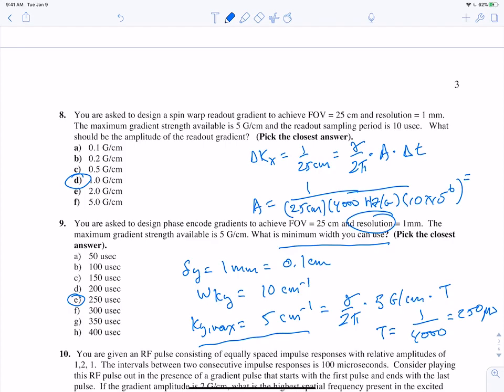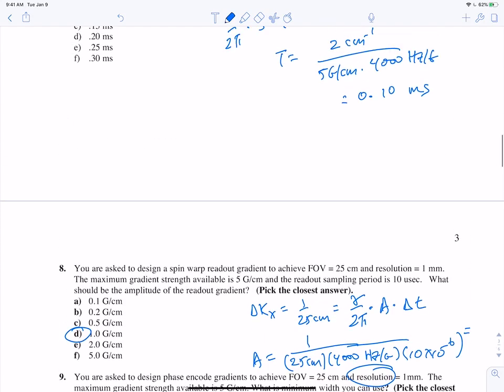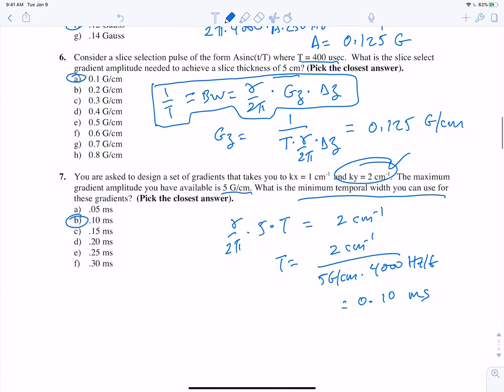Oh, okay. So there's just 1 or 2 more steps in number 9 versus number 7. Is 2 inverse centimeters KY max for number 7? Well, you don't know why you're going out to that. Someone might have just said, I want to go out to that point, so it doesn't have to be KY max. Okay. Any other questions?